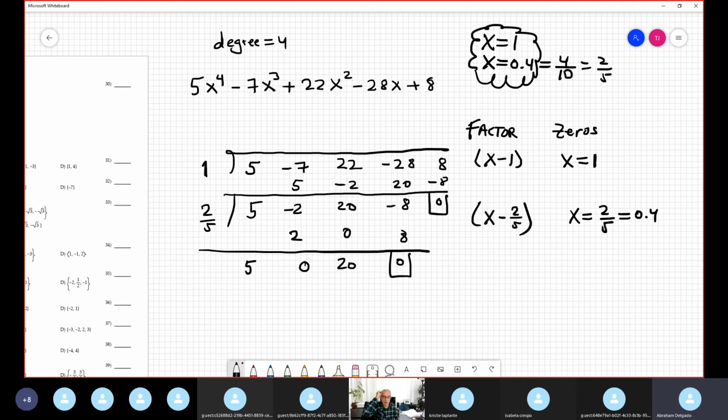Okay, entonces, now I have no more real zeros, only 2 in this example. The rest is the quotient. This is x to the 0 power, this is x to the 1 power, and this is x to the 2nd power. The quotient is 5x squared, no x, the x part is missing, plus 20.